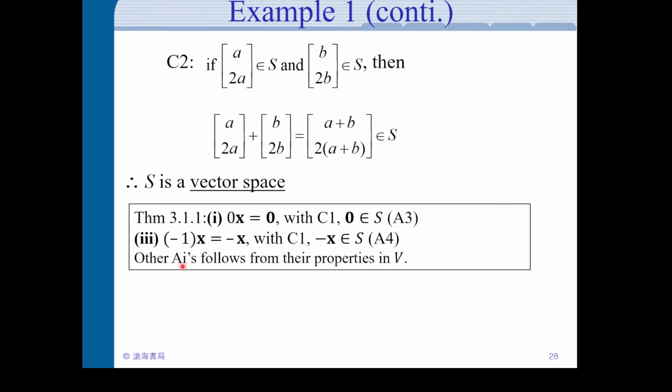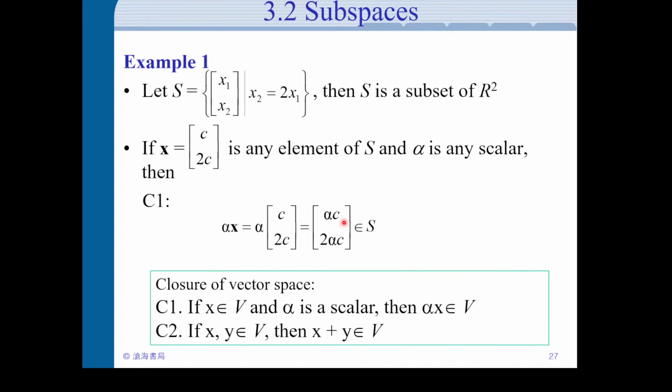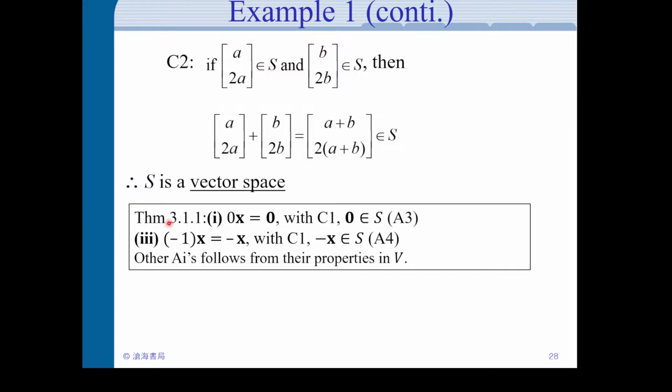You need to check that the zero vector and the inverse of everything inside S are also inside S. They can be derived easily from our theorem 3.1.1, because we can just multiply 0 with x, and we know the zero vector is inside S because any scalar multiplication is still inside S. Similarly, minus 1 times x will be inside S, so minus x will also be inside S. The other rules follow directly.